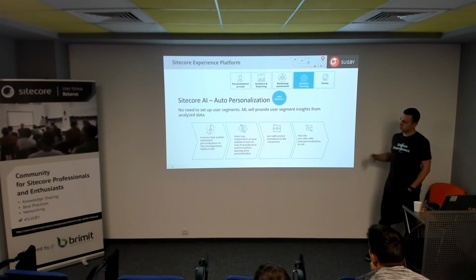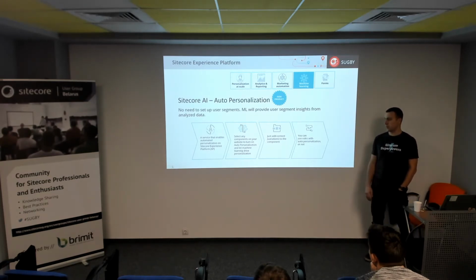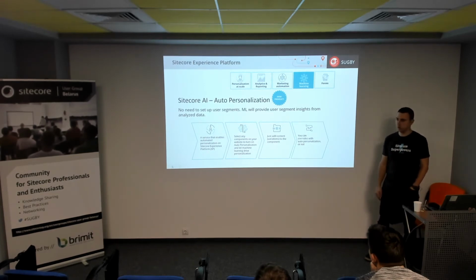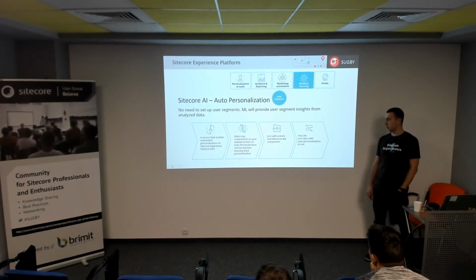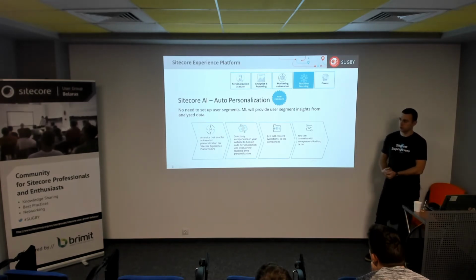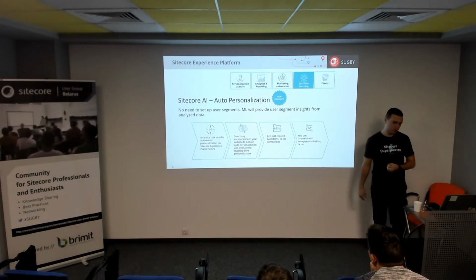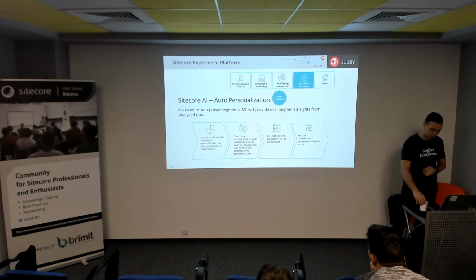You just pay for the service, choose any components on your website that you want to be auto-personalized, add the content, and Sitecore does the personalization itself. You don't need to set up any segments or user segments. Just choose and configure your Sitecore AI service, and personalization will work automatically.